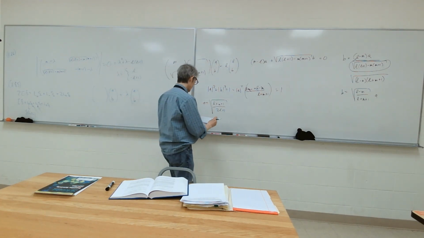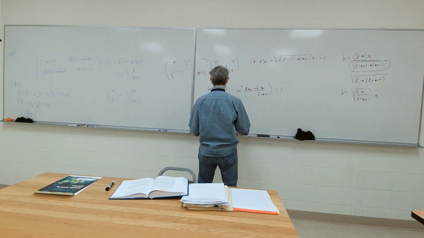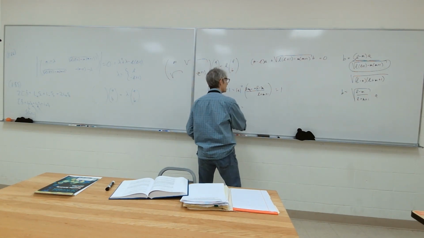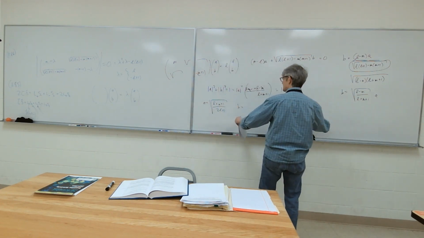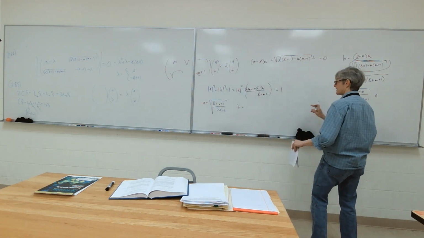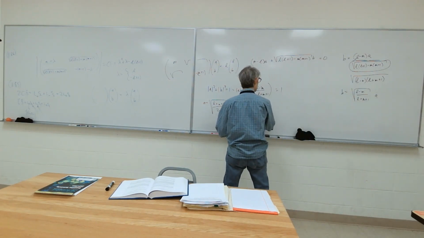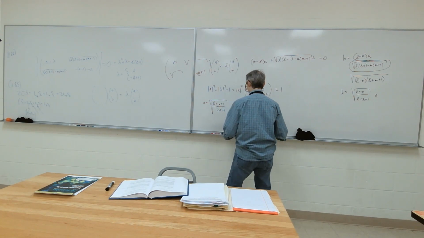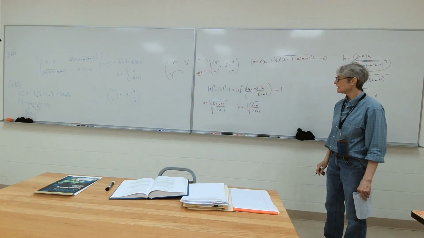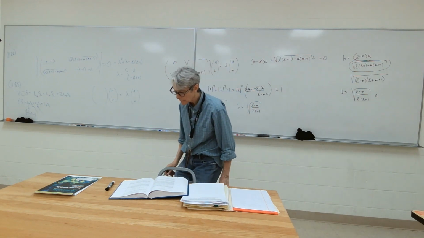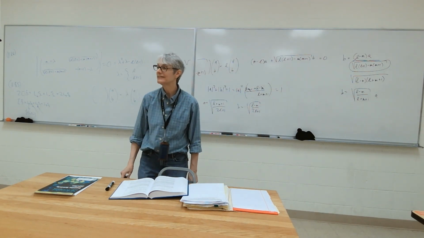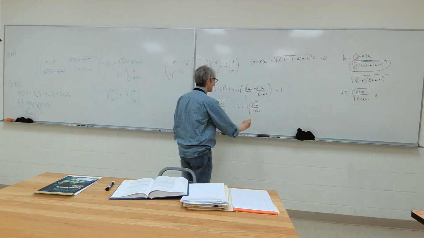Then A is equal to this, and B is equal to this times that. And you can see that the L plus M plus 1 just cancels. So B is equal to the square root of L minus M over 2L plus 1. Ta-da! And guess what? That's equation 1192A. Whoop whoop.